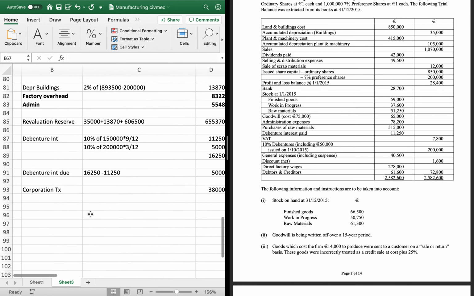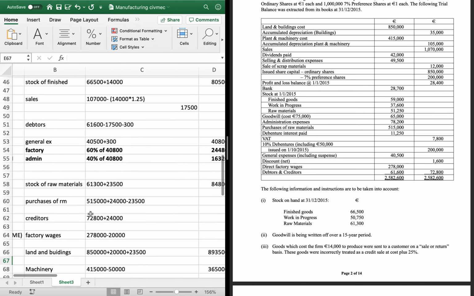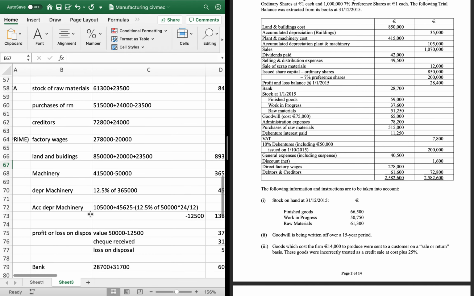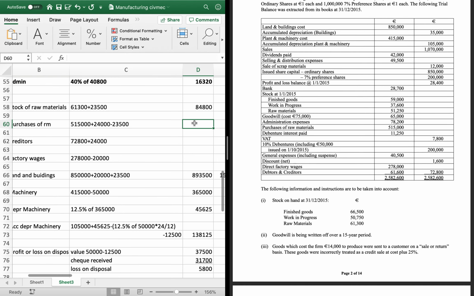I'll have to go and find them. I've definitely changed purchases of raw materials. There we go. So that is 515,500. Let me just briefly add up the rest of these here while I'm here.